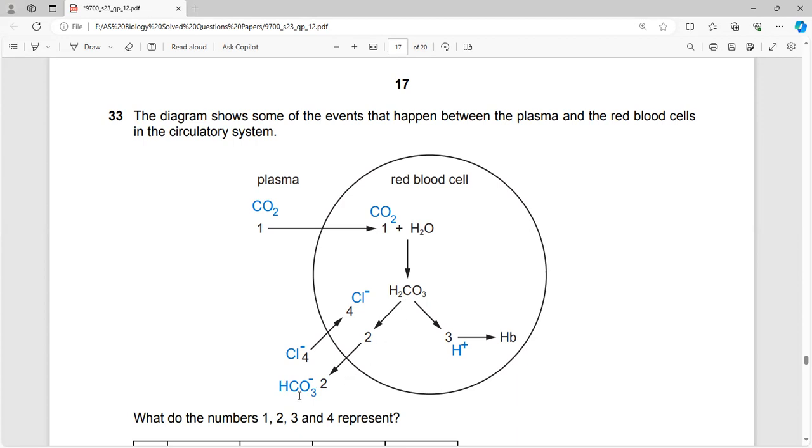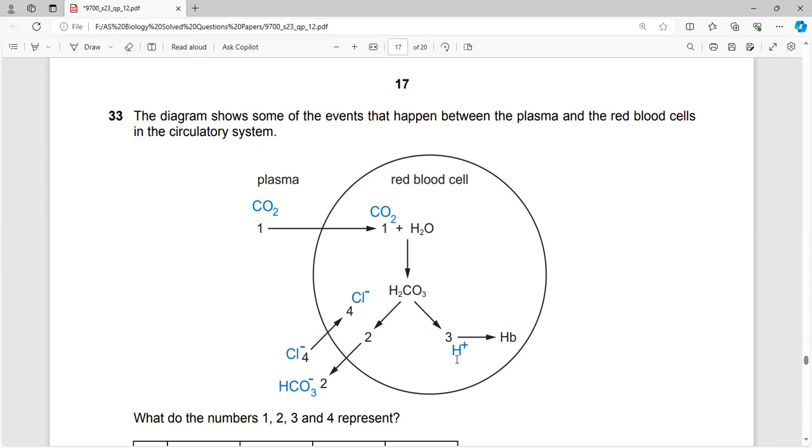So what about a buffering effect? In this way, the negative chloride ion moves from outside to the inside. This is not buffering; it is basically balancing the charges across the membrane of red blood cells. For example, one negative charge is moving out, and in the same way one chloride is moving from outside to inside. So that's a balancing of charge across the cell membrane of the red blood cell.